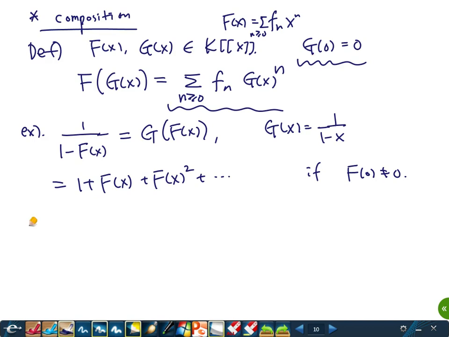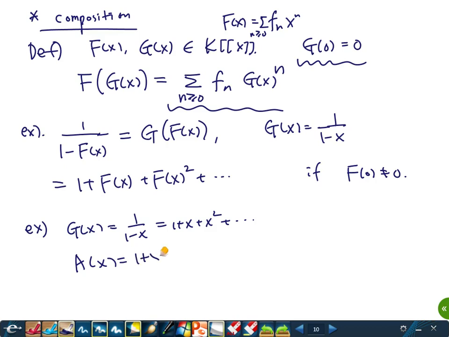So why is this important? Let's consider this. Again, let's say g of x equals 1 over 1 minus x, or 1 plus x squared, and let's say a of x equals 1 plus x. Very simple. And try to compute g of a of x. What is this?